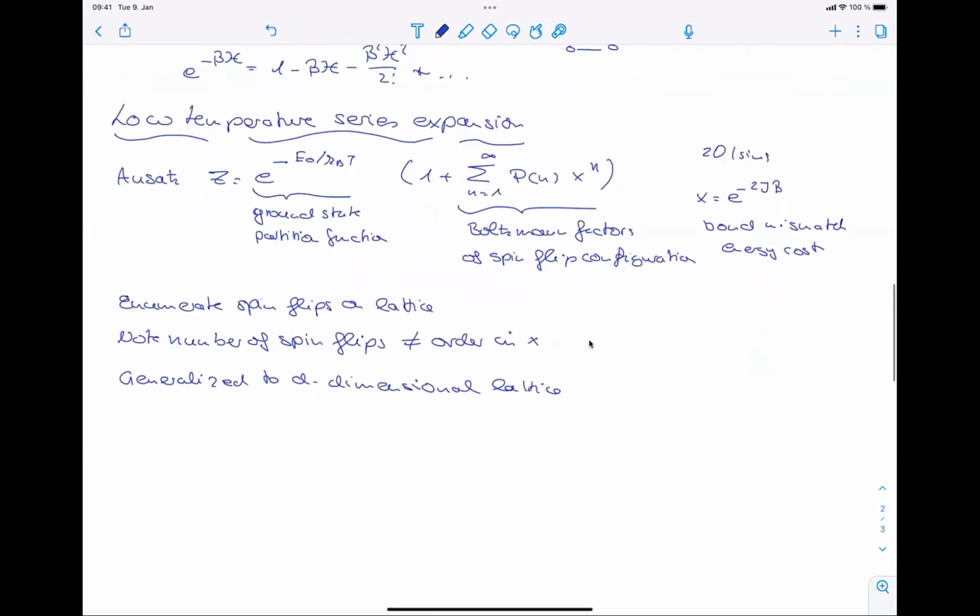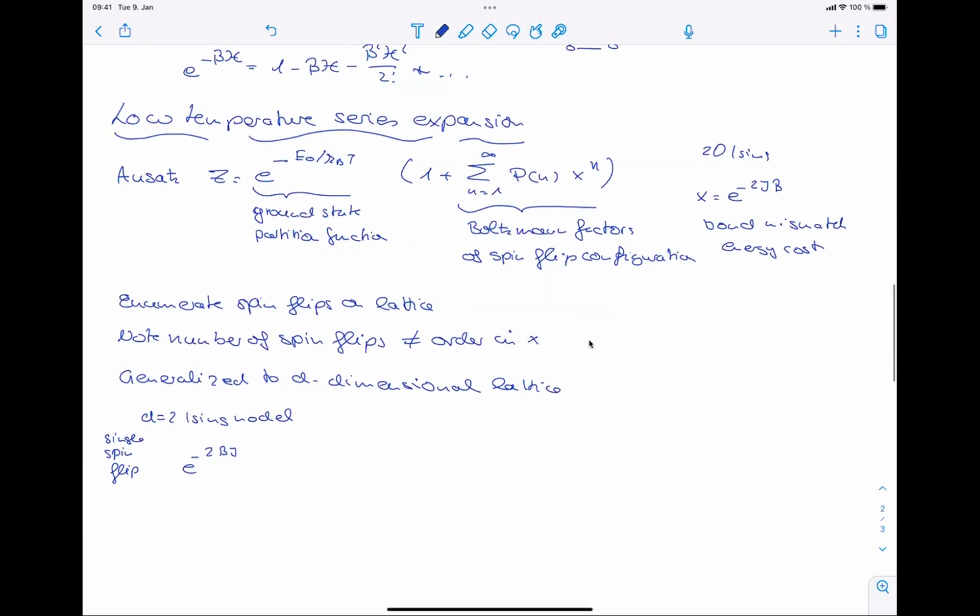So just to compare, for a d equals 2 Ising model, the cost of a bond mismatch was e to the 2... let me rewrite: the cost of a single spin flip is breaking 4 bonds, so that's 2 times 2, 4 bonds.